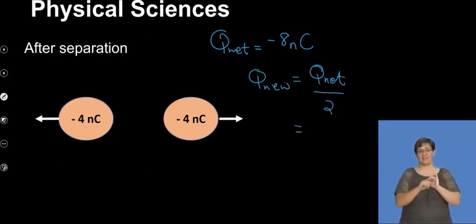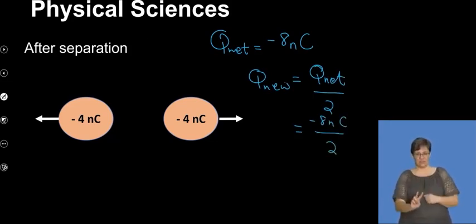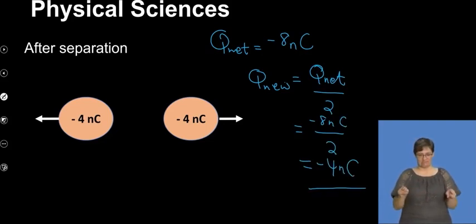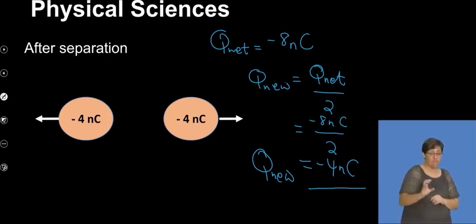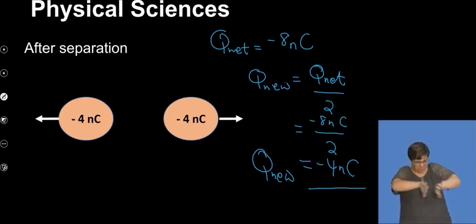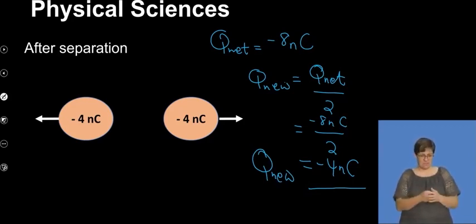This gives us -8 nanocoulombs divided by 2, which gives us the -4 nanocoulombs that we see. So each one of them now carries a charge of -4 nanocoulombs. But the force of repulsion still exists because they are still essentially like charges.